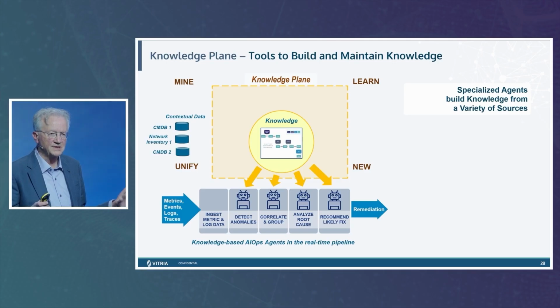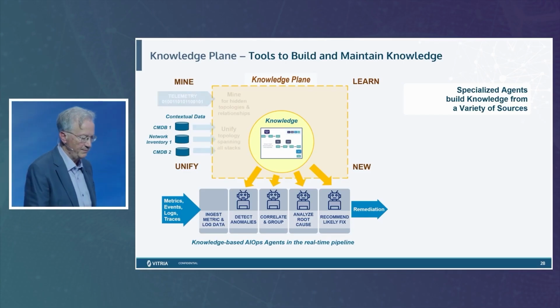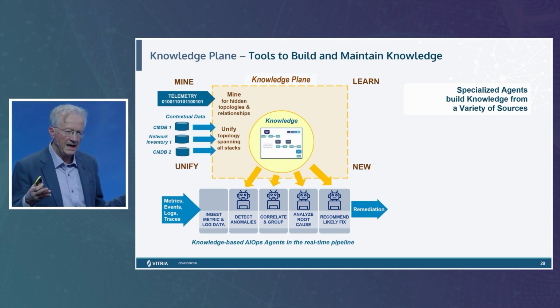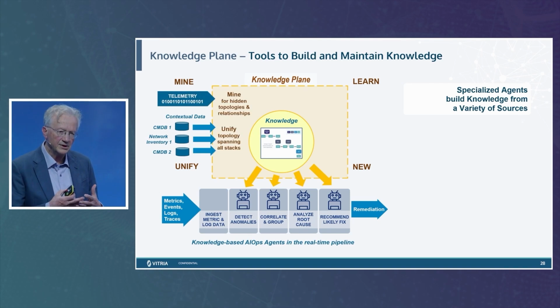And these tools can come from a wide variety of sources, not just data, but institutional knowledge and other sources that you have. So for example, the first step is to take all that data and bring it into the knowledge plane. Again, as you do that, you fuse that data together because it will create relationships between data that comes from different domains, different systems.